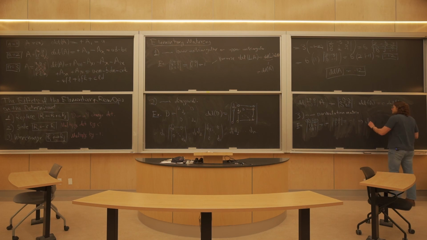So the determinant of this is the same thing as the determinant of 0, 1, 0, 1, 0, 0, 0, 0, 1 times the determinant of A, but we just computed that this has to be minus 1, so minus determinant of A. Wait, why is that negative 1 again?